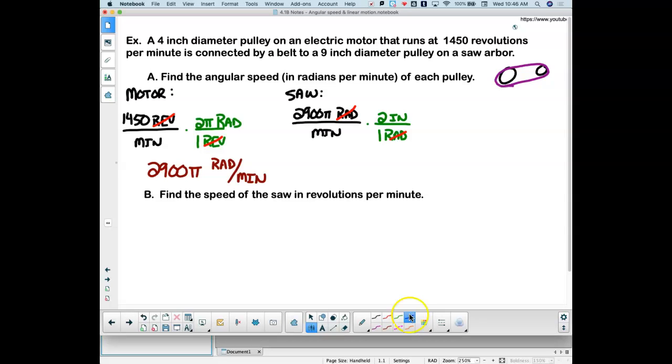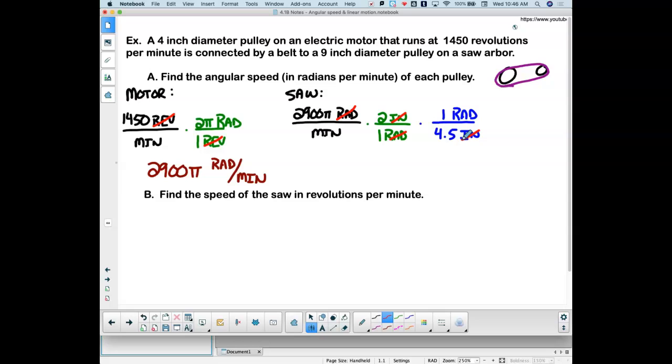So then now I can switch that into, we had a 9-inch diameter saw. So that's 4.5 inches is 1 radius on the saw. And I'm back to radians per minute.